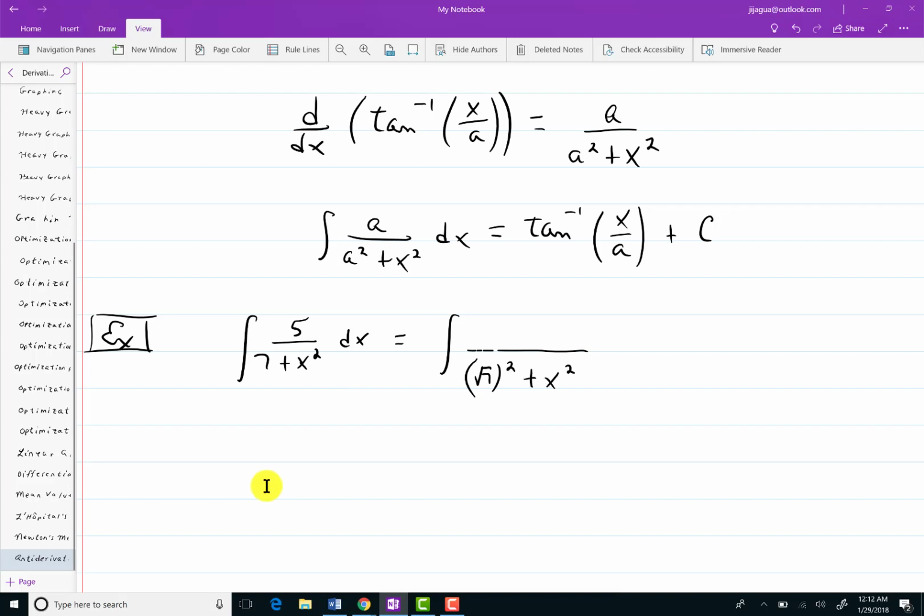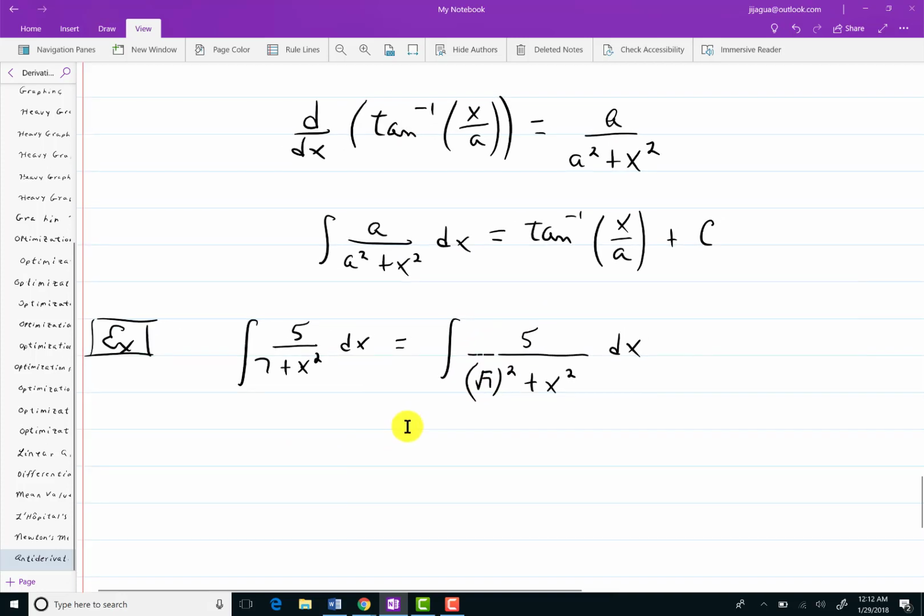But that means then my a is radical 7. And I've got a 5 where the a is supposed to be. So how do I fix that? So the radical 7 was easy enough to get down there. I have a feeling it's easier to fix that than it is the 5. Now, I can pull the 5 out front because it's just a multiple.